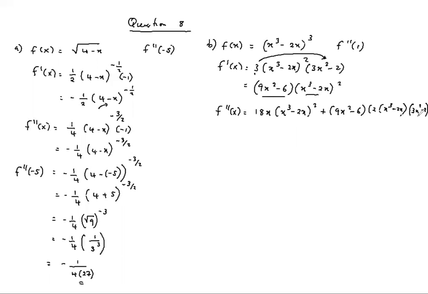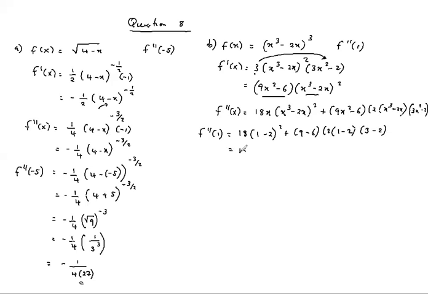Okay, and then you now substitute in f double prime, you take 1. So you have 18, whenever there's x, I'm taking 1, squared, plus 9 minus 6, 2 times 1 minus 2, 3 minus 2.